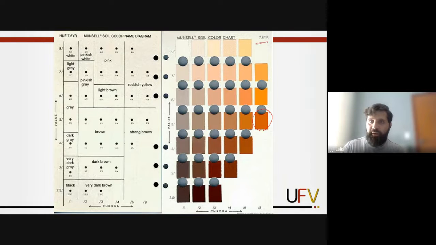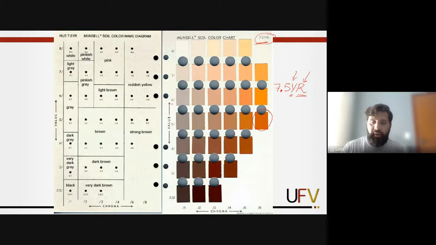7.5 yellow red. So I have here the hue. I know that I have a mix of yellow and red, but I have too much yellow compared to red. So the colors are more yellow than red here. Beyond the hue, I have the value and the chroma here.